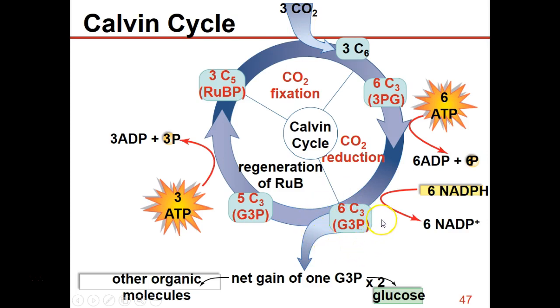So it takes 6 turns of the Calvin cycle to produce 1 glucose molecule. For every 3 carbon dioxides that come in, we're going to produce 1 glyceraldehyde 3-phosphate. The rest of the glyceraldehyde 3-phosphates have to be used to regenerate the RuBP molecule.